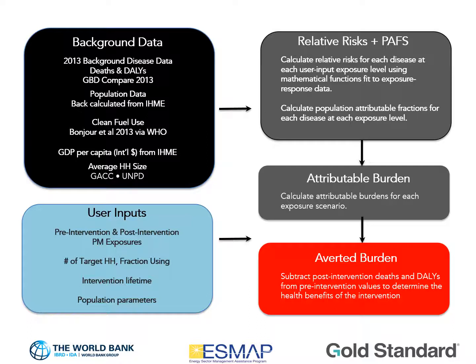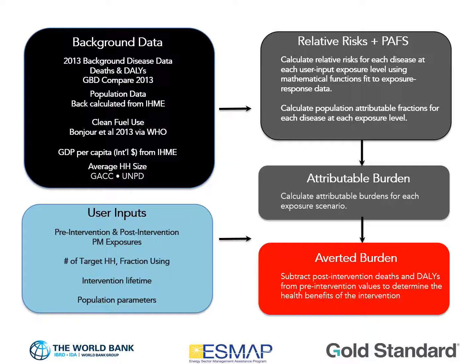It includes exposure response information for each of the 5 major disease categories: acute lower respiratory infection, chronic obstructive pulmonary disease, ischemic heart disease, stroke and lung cancer, that are all attributable to fine particulate matter personal exposure, including those from household air pollution. It also includes background health, demographic, energy and economic conditions from IHME.